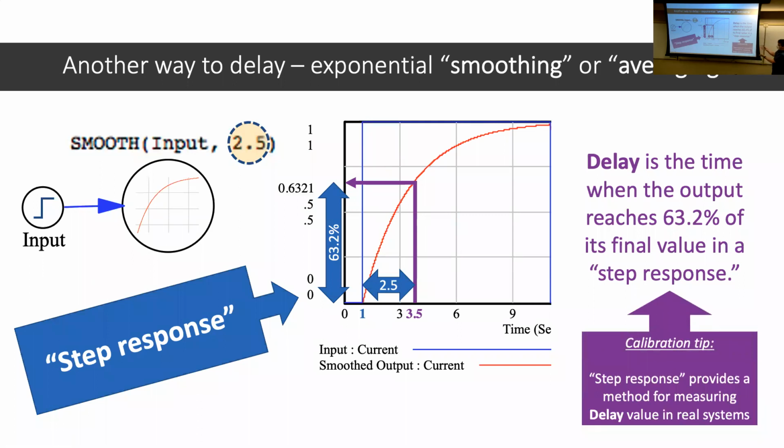So how do we do that? This now provides us a way to go from physical systems into our models. So there's the question earlier, how do you choose the delay in a fixed delay system? This is how you choose a delay in a smoothing system. If you think your system is governed by a smoothing delay, then in the real physical system, you try to put in a step response. So, like traffic goes from red to green.